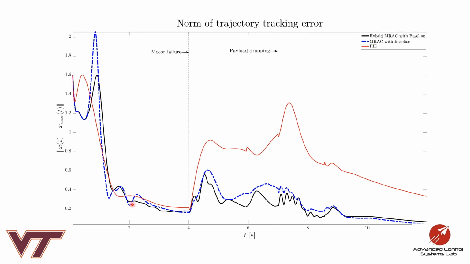And we can also see how the PID control cannot cope with events such as motor failure and payload dropping, and it takes a long time to recover, while the two MRAC controllers are much faster to recover from this, but still hybrid MRAC outperforms MRAC.